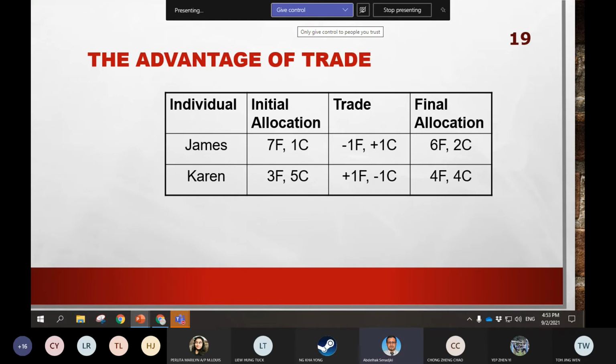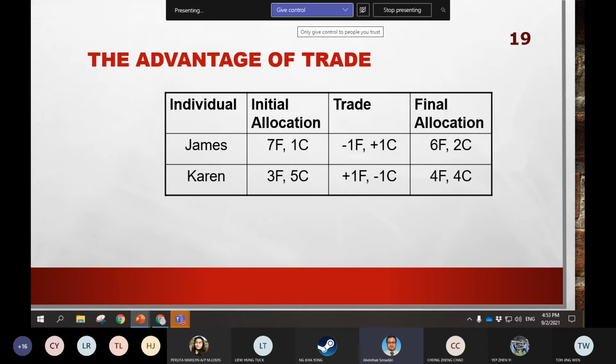So to get another unit of food, Karen would be willing to trade up to 3 units of clothing. But James will give up only 1 unit of food for only half a unit of clothing. So the actual terms of this trade, because they don't have the same MRS, will depend on the bargaining process that we learned in the previous class.